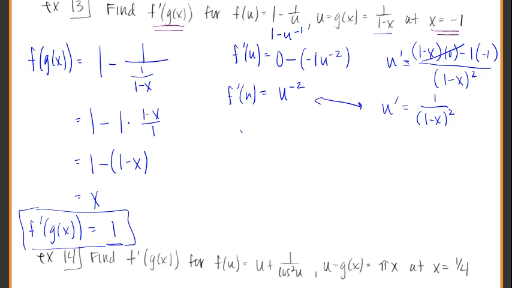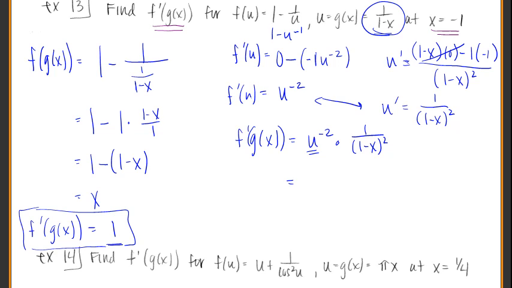So f of g of x, f prime of that would be technically u to the -2 times 1 over 1 minus x squared, but we want to get them in the same variable, so let's replace u with what it's equal to. So going back up into here, what u is equal to, I'm sorry, I circled the wrong part, that's what f of u equals. What u equals is 1 over 1 minus x, that way both are in terms of x.